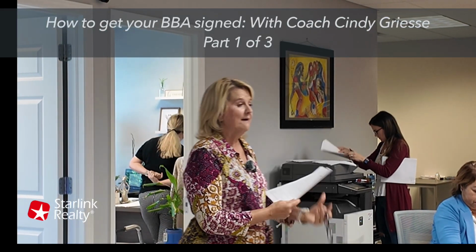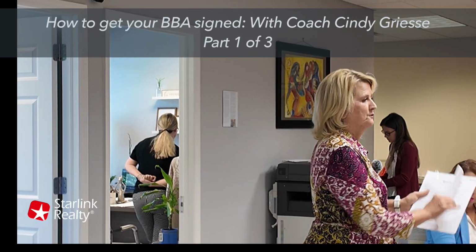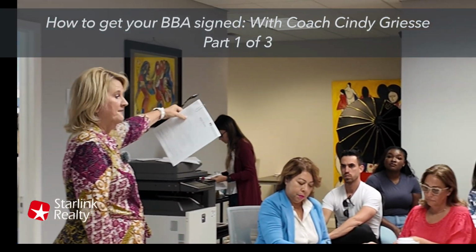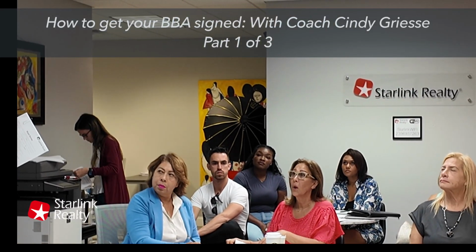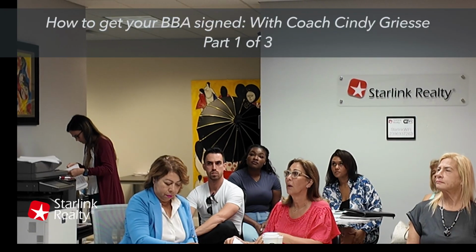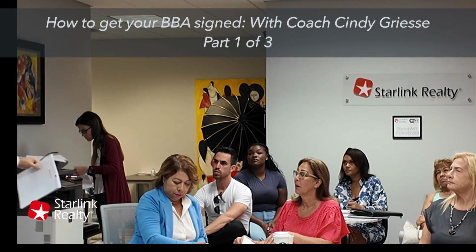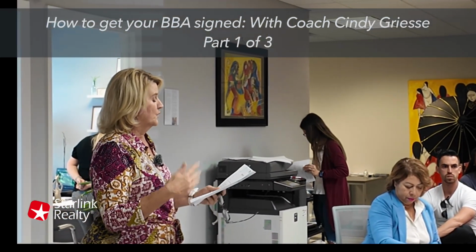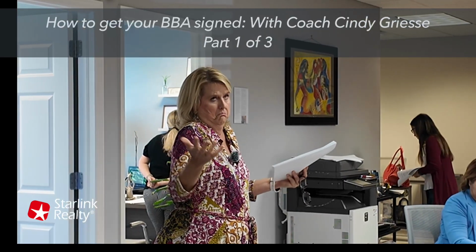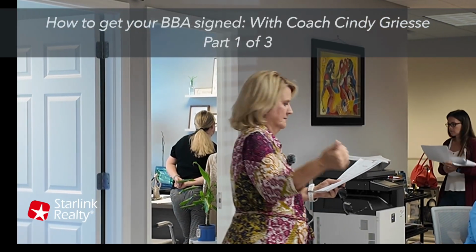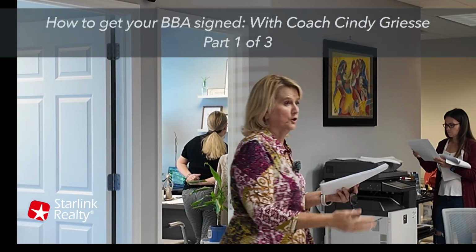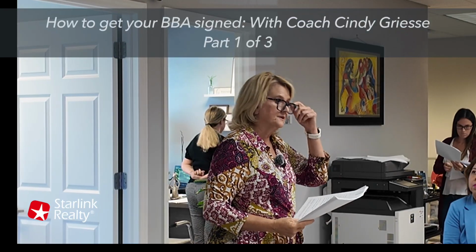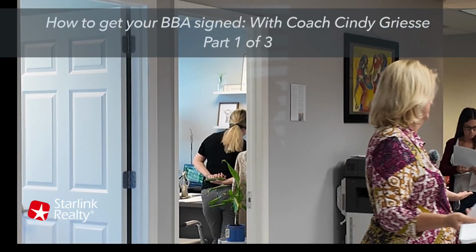I have the paper attached to the presentation so that this goes in the file until I physically meet them in person, or I show them a home via Zoom or FaceTime or however I'm going to do it. And what am I asking? Their names, their email address, their phone number, where they currently live, and how they found my name.